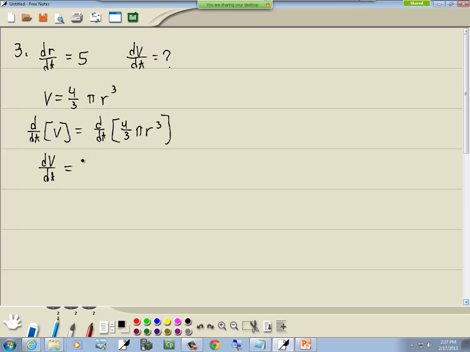Over on this side, the 4/3 pi, that's just a constant. Both those are just numbers, so you just put those out in front. We don't worry about those. Now, the derivative of r to the third would give us 3r squared, but then we have to add on dr dt, because we're taking the derivative with respect to t, and these are r's. So whenever you have different variables like that, you always have to put this on.